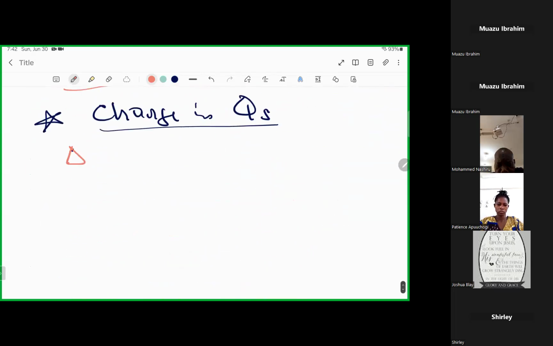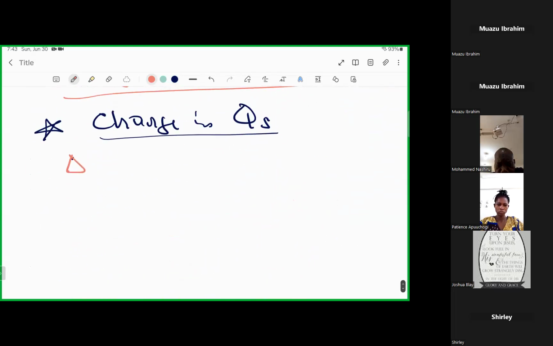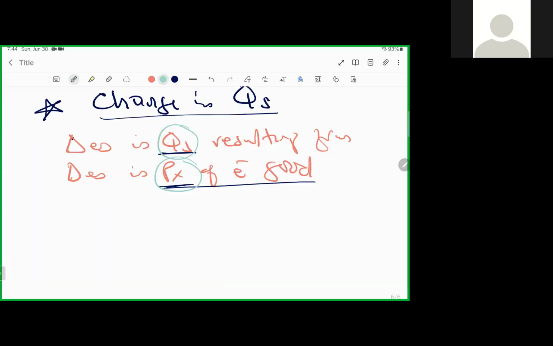Okay. Now, when you look at the change in quantity supply, we are talking about changes in the quantity of There's quantities. a Yes. question in the chat box.